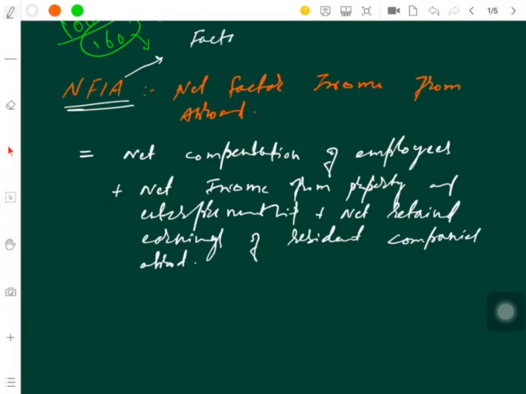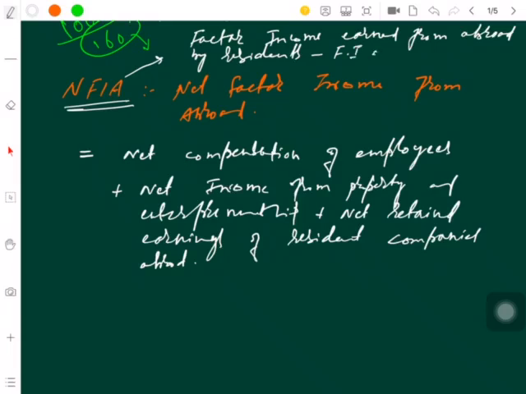That is factor income earned from abroad, abroad meaning outside the nation, by residents, minus factor income of non-residents in domestic territory. So that is what I was explaining also.